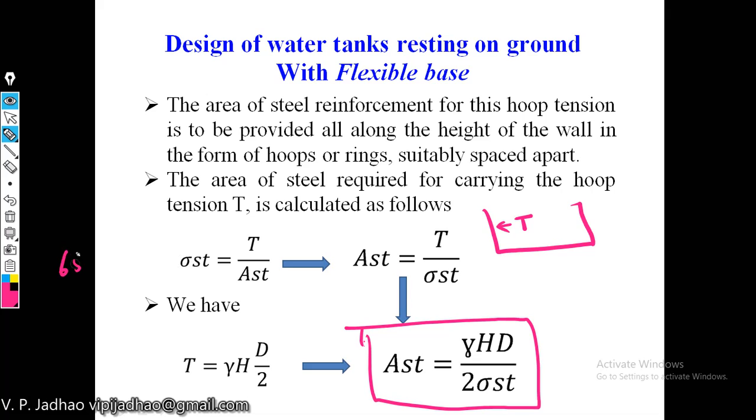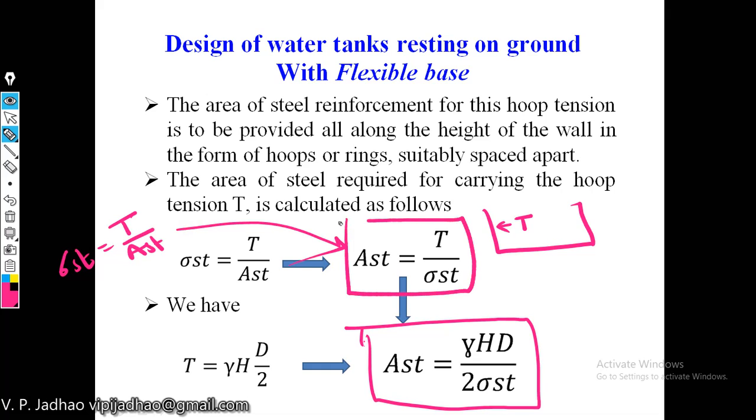We have stress sigma st equal to hoop tension divided by area of steel resisting it. We can write this as Ast is equal to T divided by sigma st, where sigma st is the permissible tensile stress in steel.